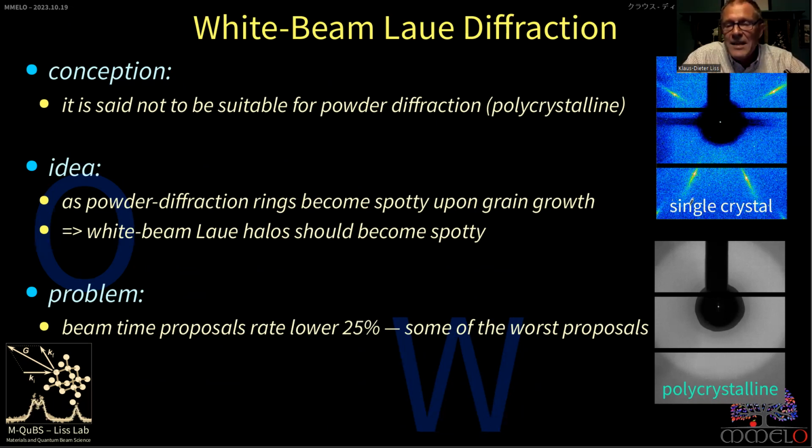So we get reflections due to the orientation of that one crystal, a single crystal. There's only one crystallite in a single crystal. However, if we have polycrystalline material, then from every grain we get intensity somewhere onto the detector.